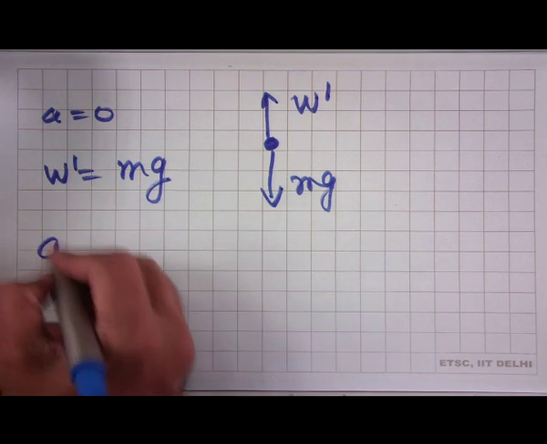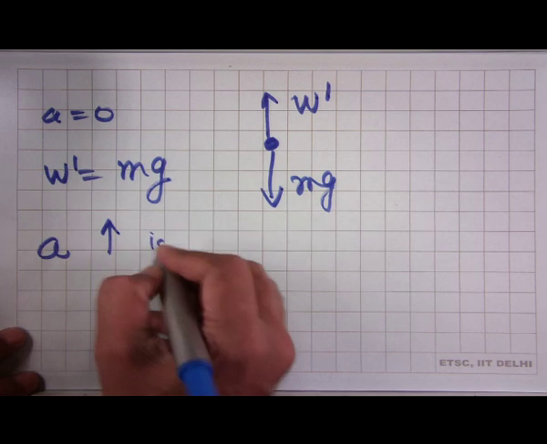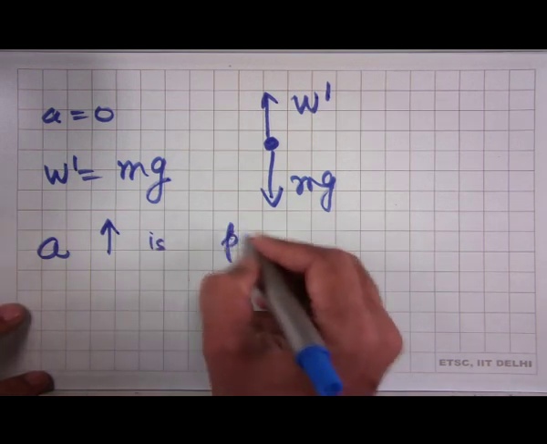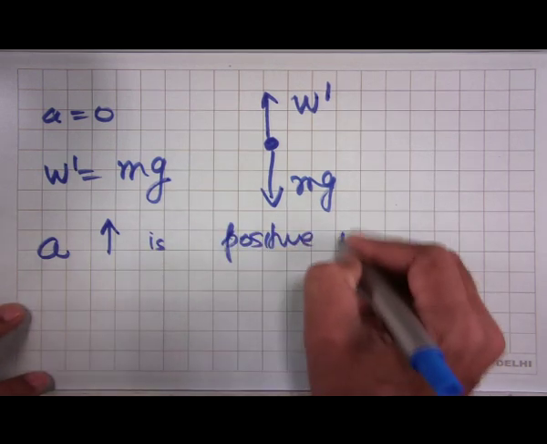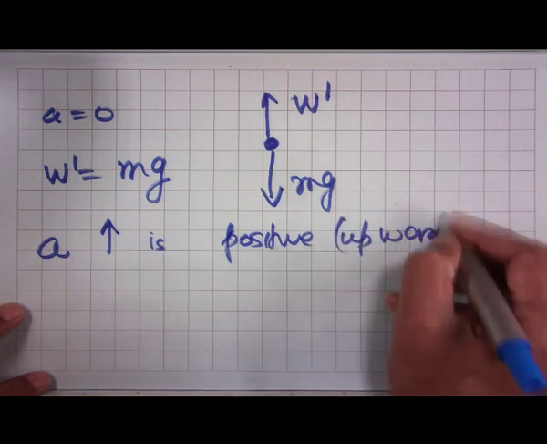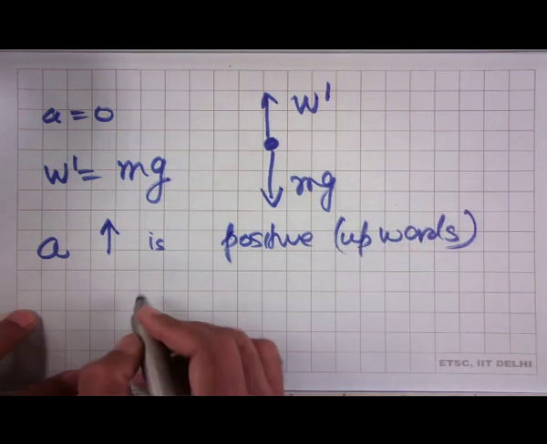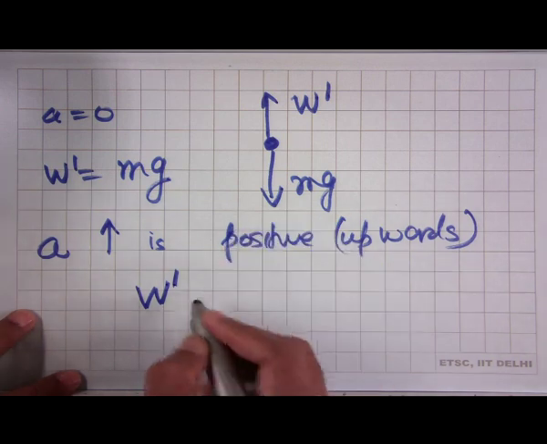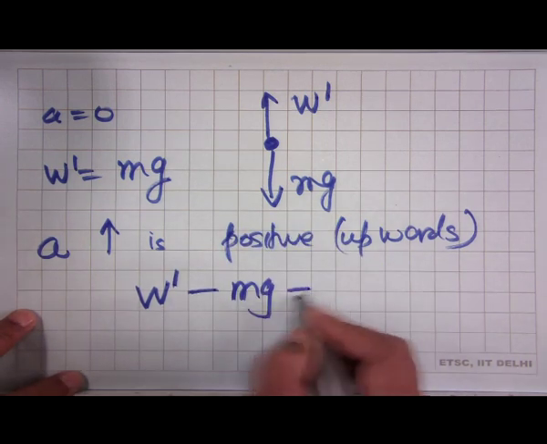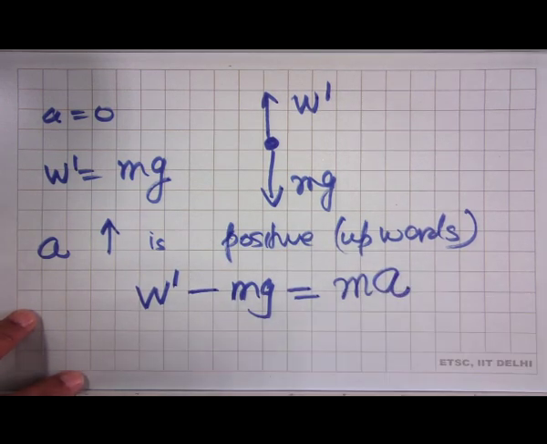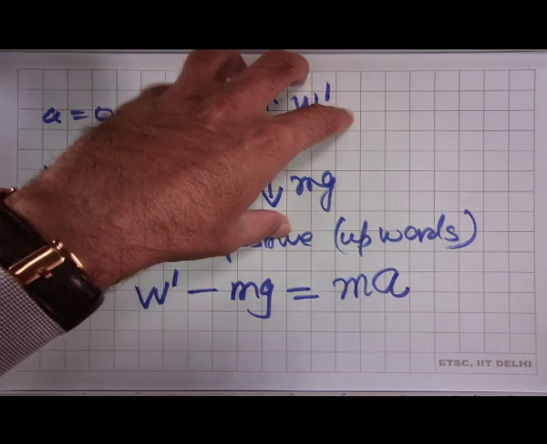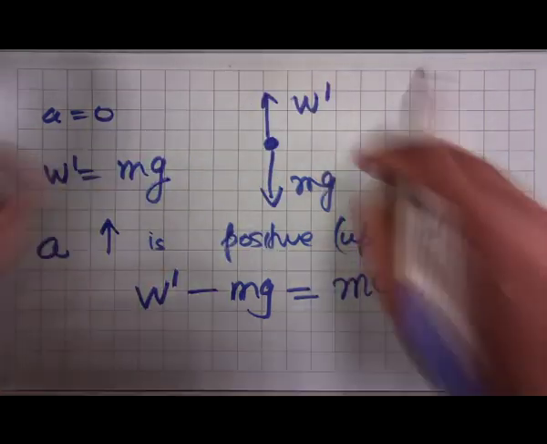Now, if acceleration is positive upwards, then W prime minus mg will be equal to m times a. The free body diagram stays the same, but now the person is not at rest.